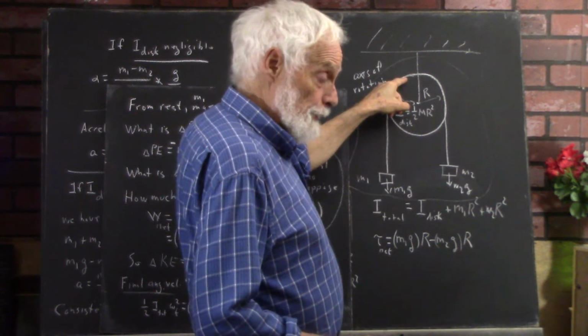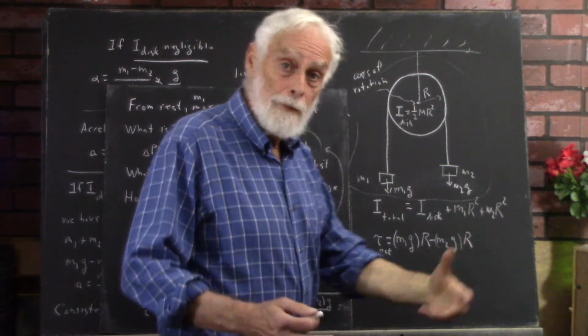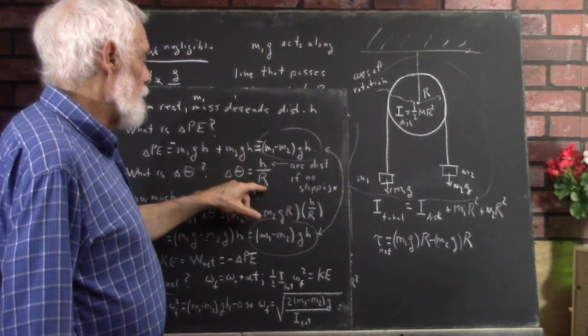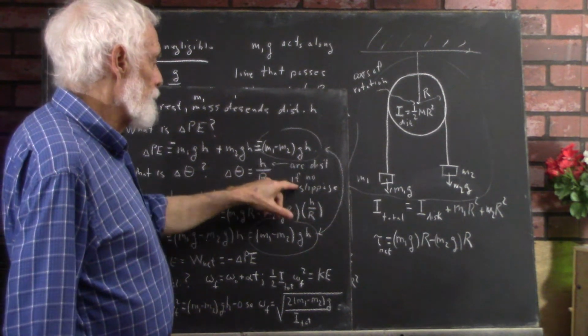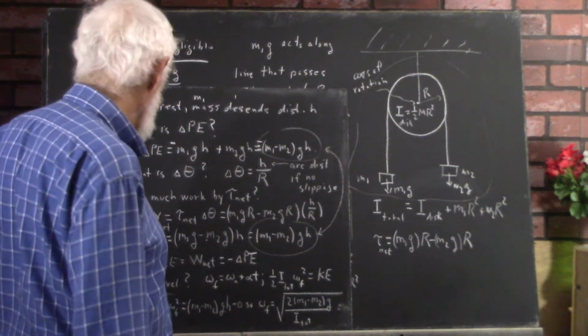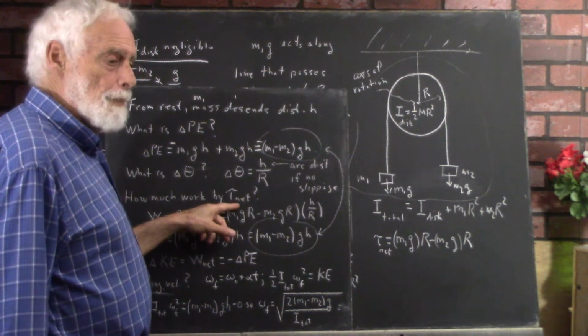And that angular distance is just h divided by the radius of the disk, by the definition of a radian. So your delta theta is just h over r. That's the arc distance. Now we're implicitly assuming that the rope doesn't slip on the disk. Okay, so now the question is, how much work is done by the net torque?